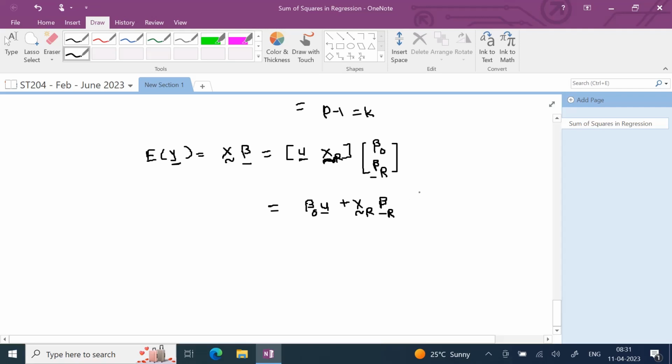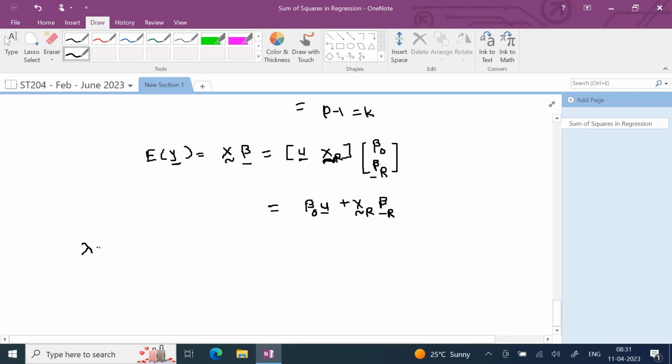The non-centrality parameter from the chi-square result is mu prime A mu. So mu was the mean of y. Now this is my expression for the mean of y. Let me write that. The A matrix we know is that big matrix divided by sigma square.